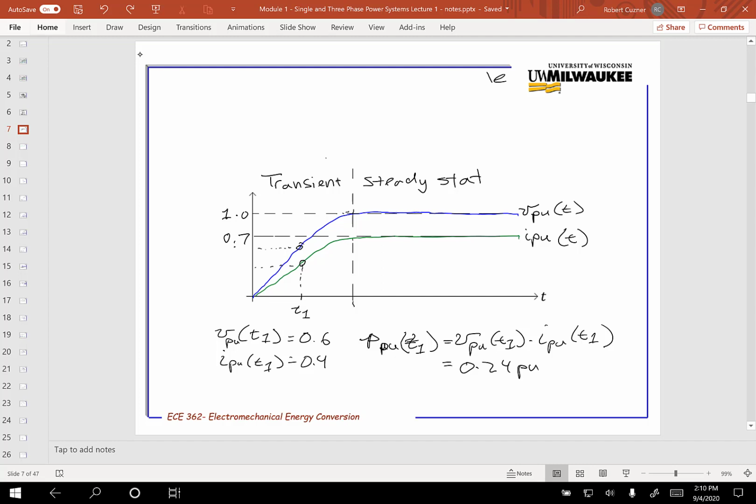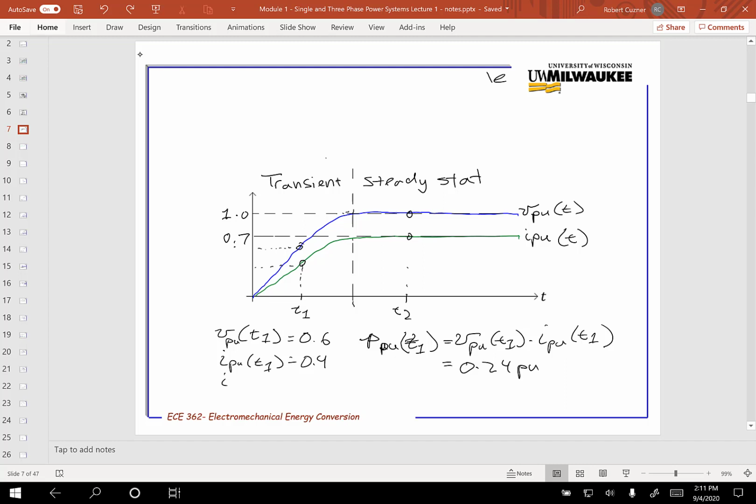And I could take, let's say, another value right here in scalar at T2, and I'm at steady state there.